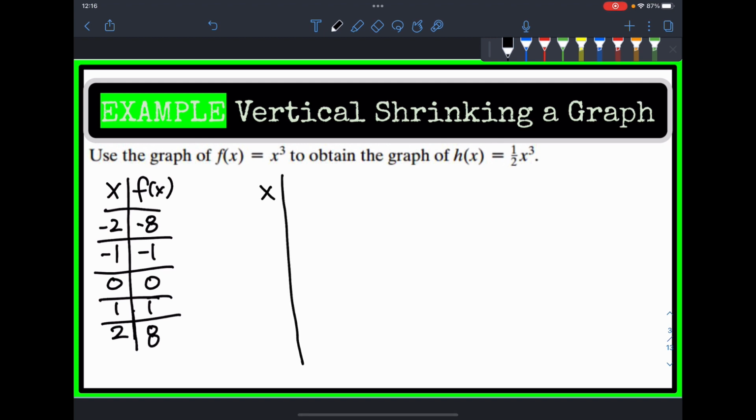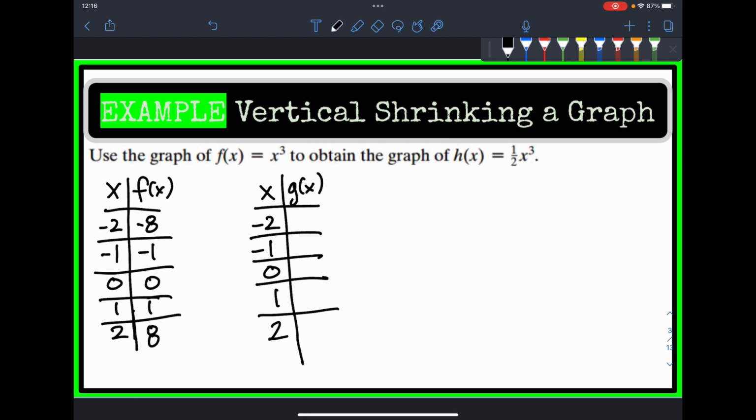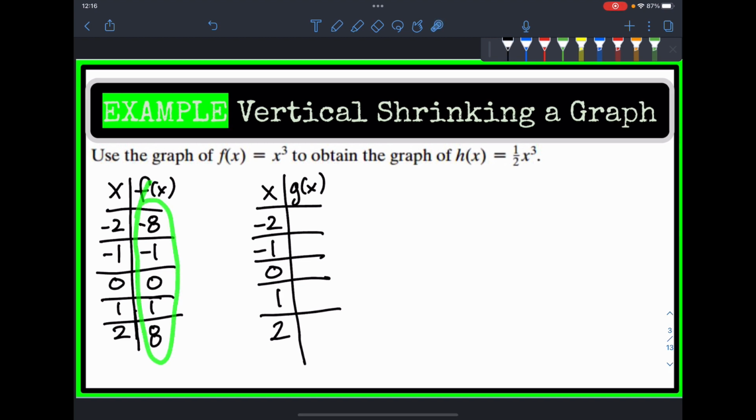Now let's compare that with g of x. Look what happens to the y values when I input the exact same x values. Since I already know from this table what x to the third power gives me when I plug in the respective x values, all I'm doing now is multiplying x to the third power by 1/2.